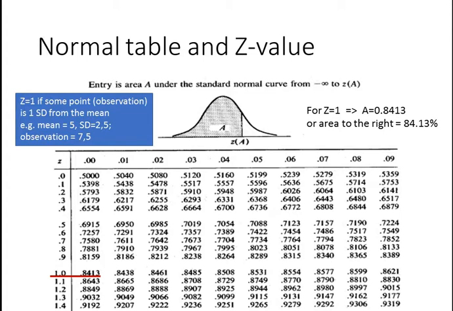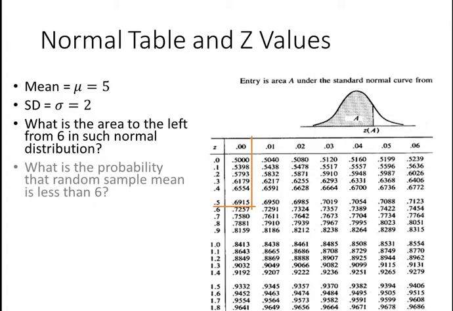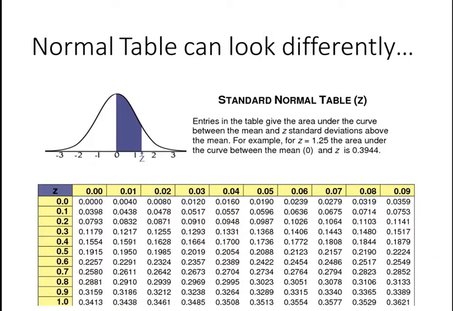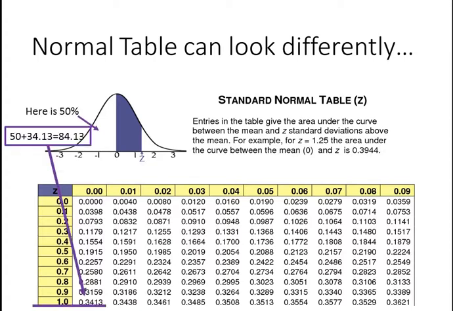Here is another example with details on Z-value calculation and finding the corresponding area. I skip the explanation of it for the sake of time, but you can stop the video and study the example closer. Okay, so now the normal table can look a bit different, but again, if you remember about 50% area to the right from 0, you shouldn't face any problem.